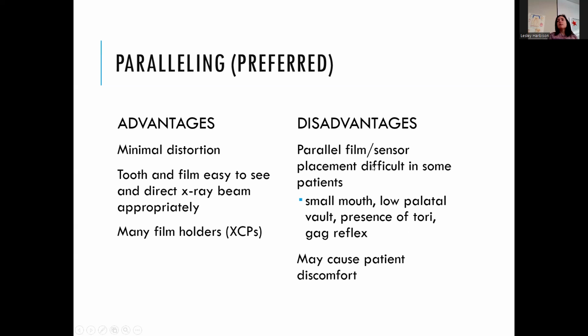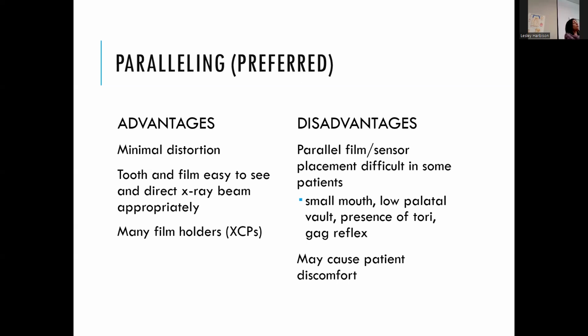Disadvantages is that placement can be difficult in patients. So in order to get it parallel, you may have to get further away from the tooth. Like the closer the sensor and the tooth are, and we talk about this in another unit when it comes to the clarity of the images, the closer that the tooth and your film are, the clearer your image.